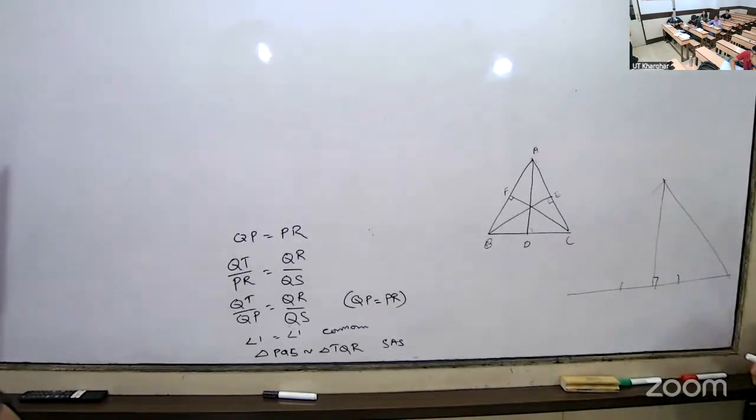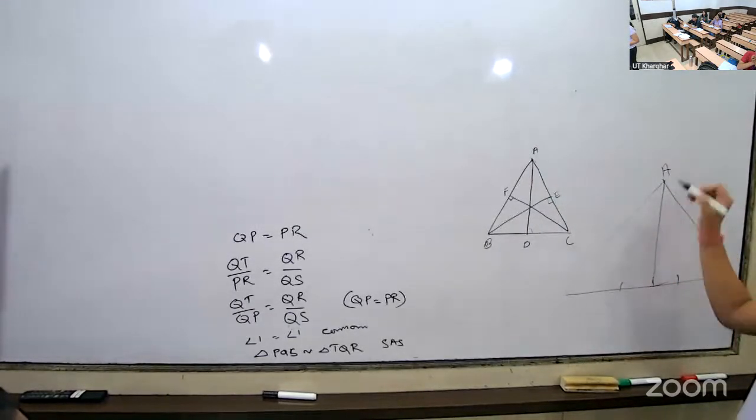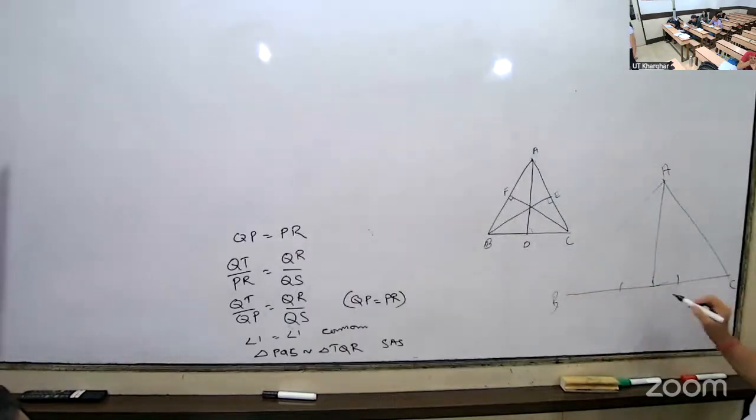Then bisector. Then why did you mark perpendicular there? Then remove it now. Altitude is perpendicular. Name the figure. And name the median. AD is the median. Then show me in this figure which is altitude.